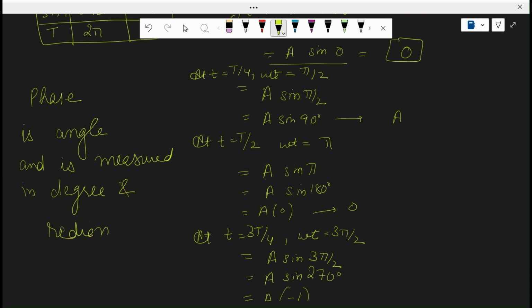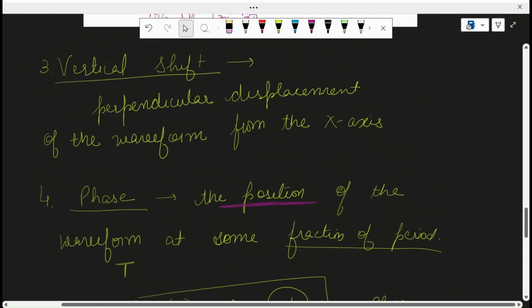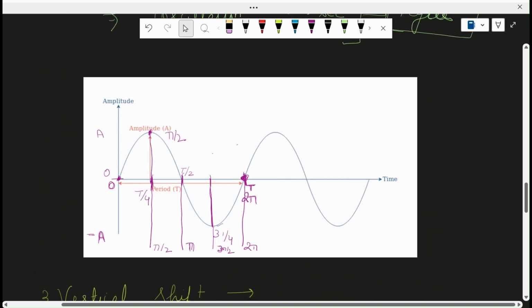So this is what our phase is. Fine. So this was all about phase, right?